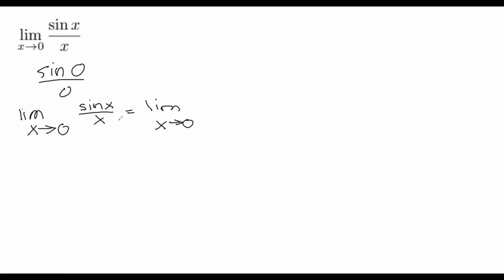So the derivative of sine x we know is cosine x, so the numerator would be cosine x, and the derivative of x is simply 1. So now we simply plug in 0 for x, and we get cosine of 0 over 1, and cosine of 0 we know from our unit circle is 1, so 1 over 1. So the answer would simply be 1 for this problem.